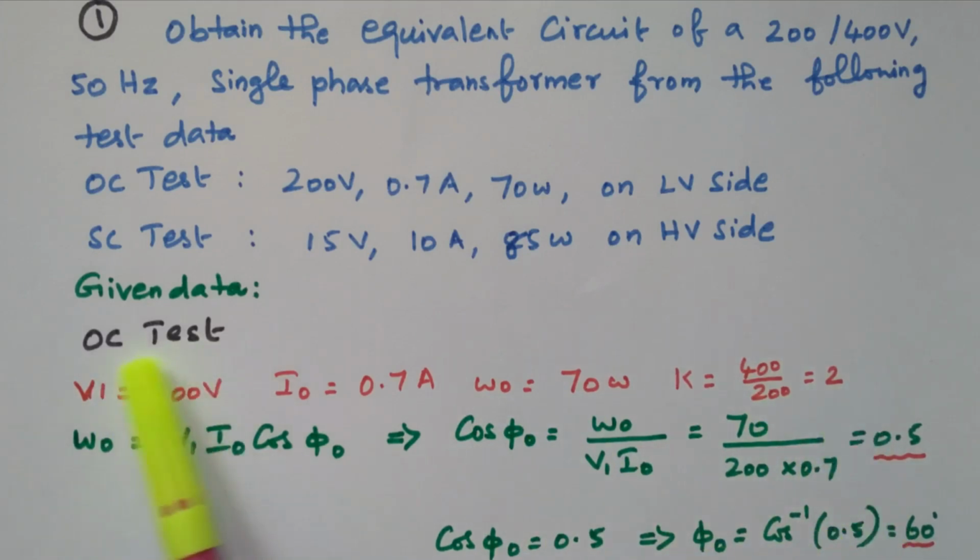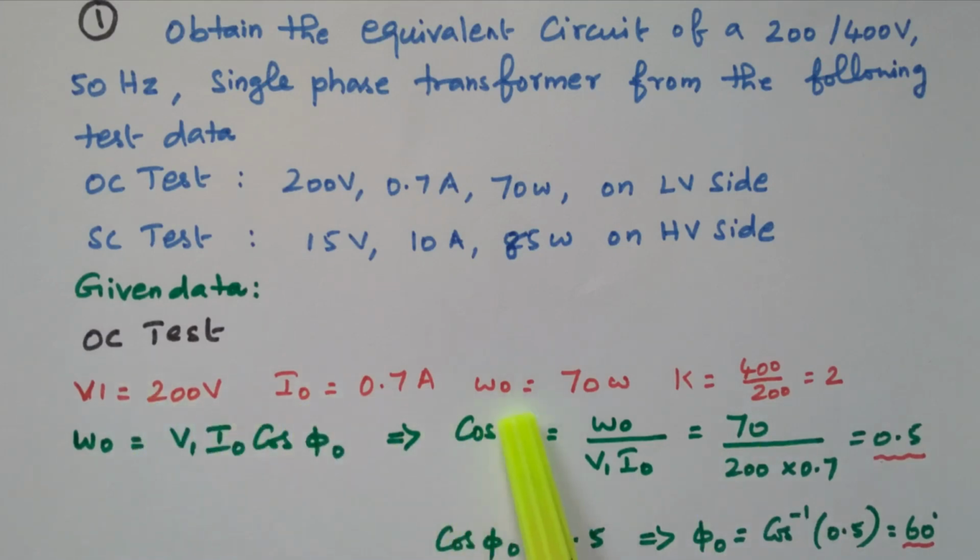First we are considering the OC test. The no load power W0 is V1 I0 into cos phi naught. From that we can find cos phi naught equal to W0 divided by V1 I0, by rearranging this equation. The W0 is 70 watts, V1 is 200, I0 is 0.7. All these values are available.